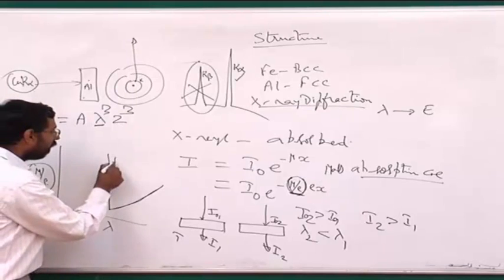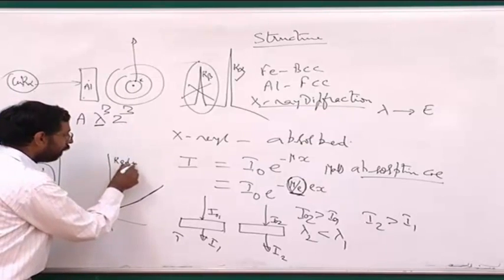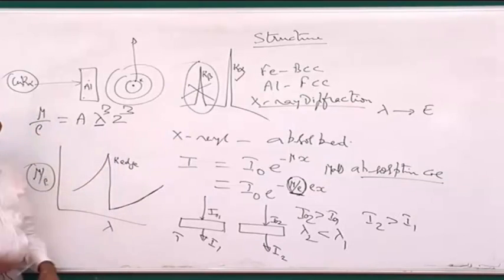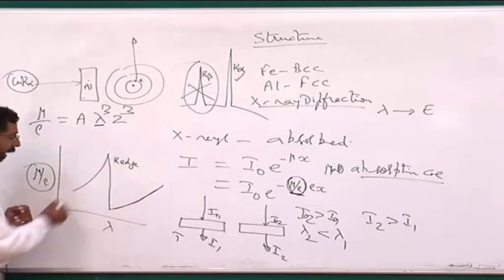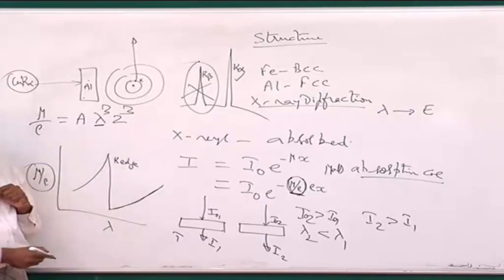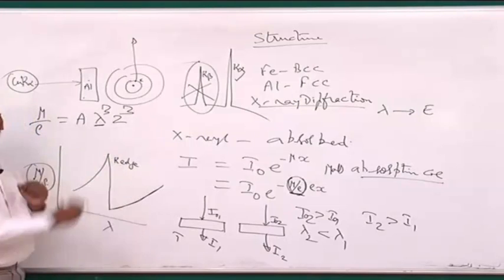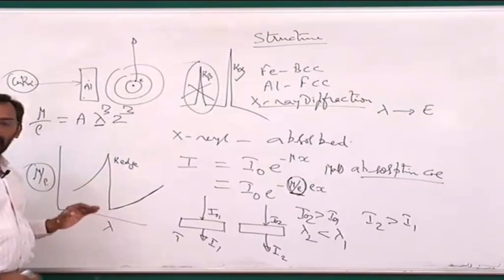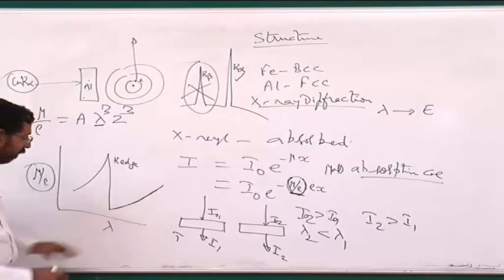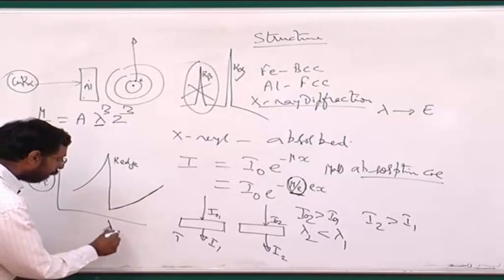And this is what is called the K edge for a material. And further down, again it keeps on decreasing. There is always a tendency that as lambda decreases, mu by rho decreases. So this is what is called a K edge. Here we are not talking of electrons, whenever I say lambda, this is the lambda of the X-ray.